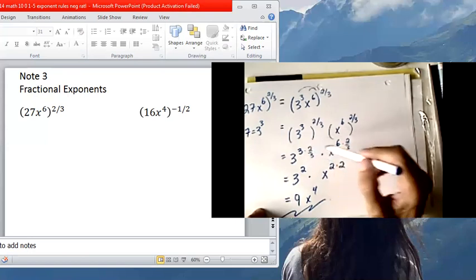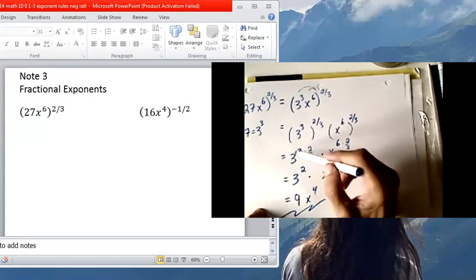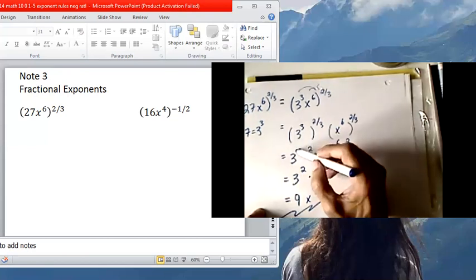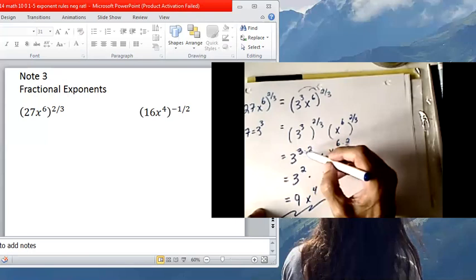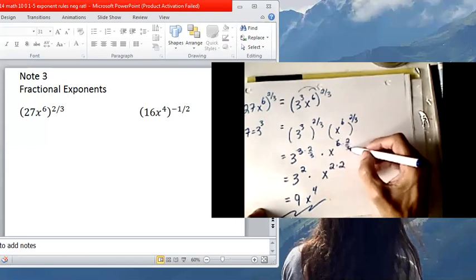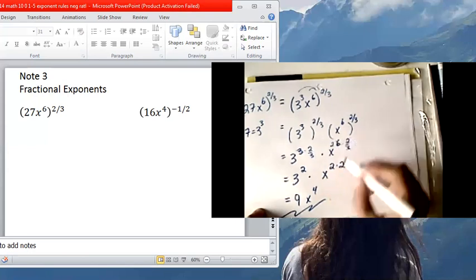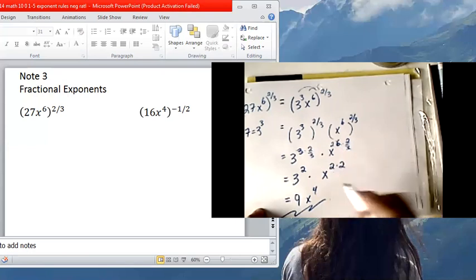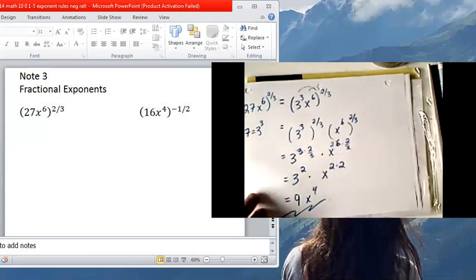Fraction work with canceling. I didn't do it earlier because it'd be messy, but watch. It's 3 divided by 3. 3 over 3, so those are gone. Leaves the 2 only. 6 and the 3, that leaves a 2 there. Okay, so that creates that 2 like this. From there, you work it out. Success.